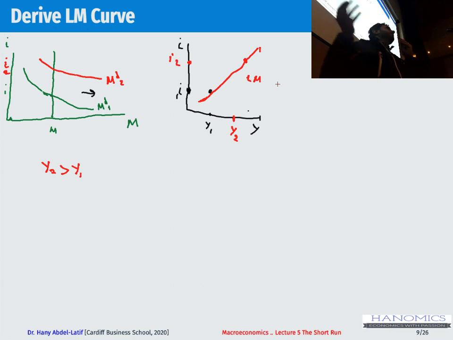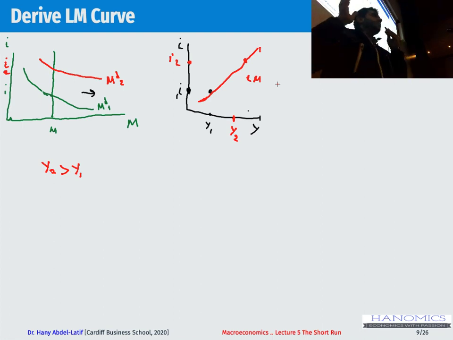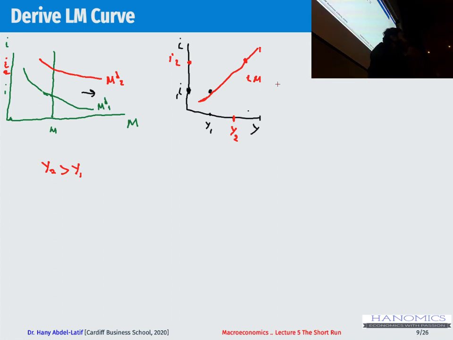Changes in fiscal policy, which happen through G and T, government spending and taxes, mainly affect the goods market, because G is part of aggregate demand. Changes in money supply happen through the money market, so the effect should go through the LM curve, the equilibrium in the money market. So don't confuse yourself. It's very clear and very simple.